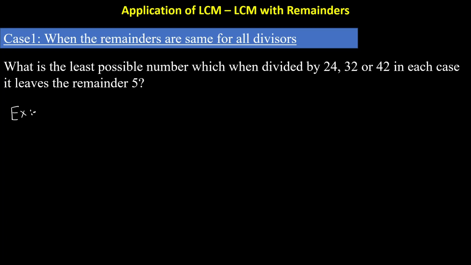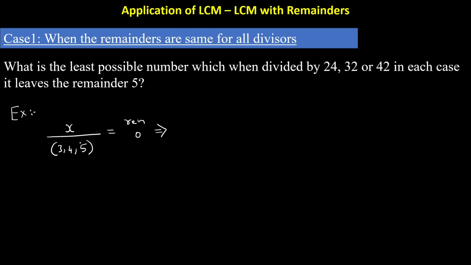The question here is, if there is a number x, when we divide this number with 3 or 4 or 5, we need to get the remainder as 0. So what is the least possible number when we divide with 3, 4, 5 where we will get the remainder as 0? When will we get the remainder 0?